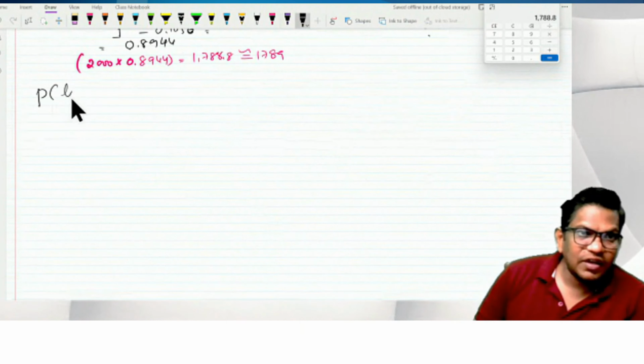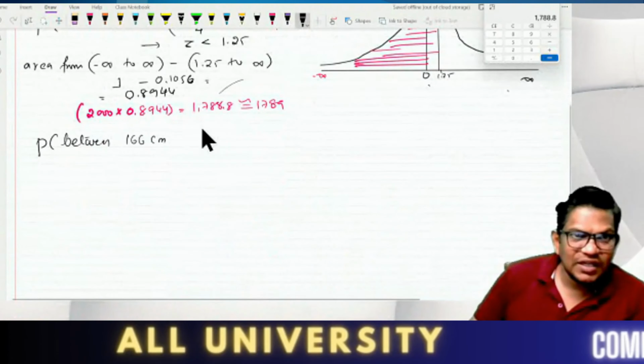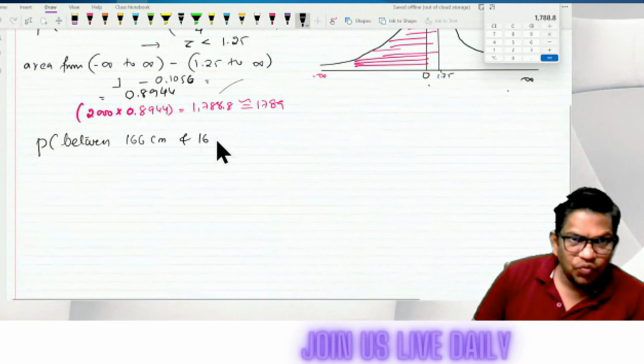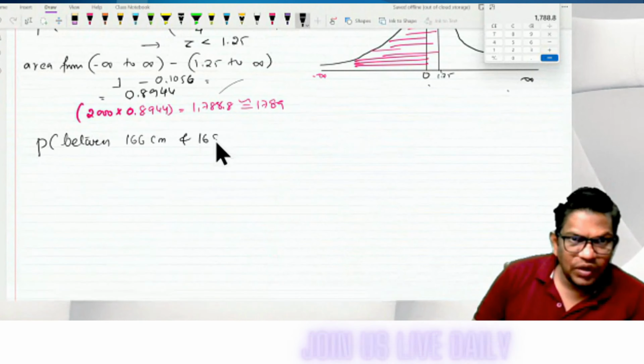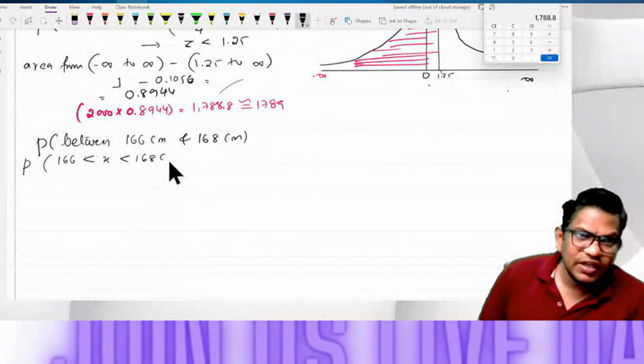Between 166 centimeter, 168 centimeter. ठीक है? Now that is, बच्चों, very simple. 166 less than x less than what? 168 centimeter.